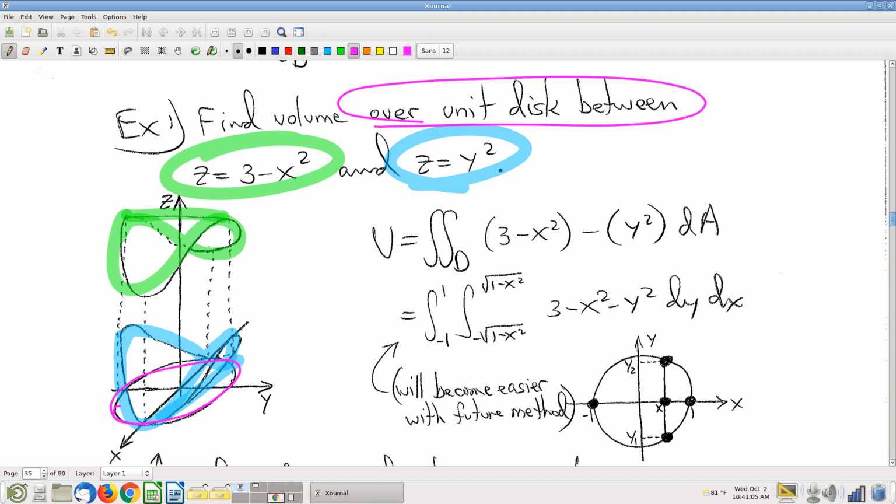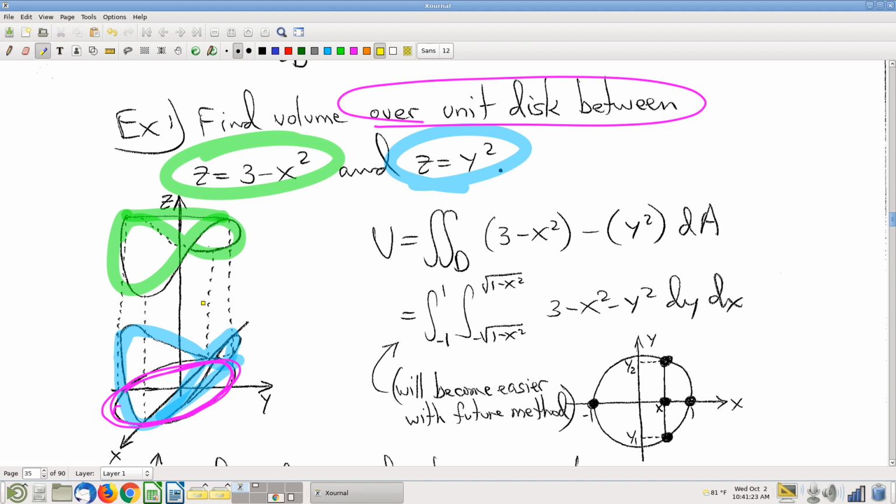There's the unit disk. And sitting over the unit disk, we want to find this volume between those two surfaces. And that's a weird volume. It's got kind of a curvy top and it's got kind of a curvy bottom, but they're curvy in different ways. So, weird, right? Odd little shape.